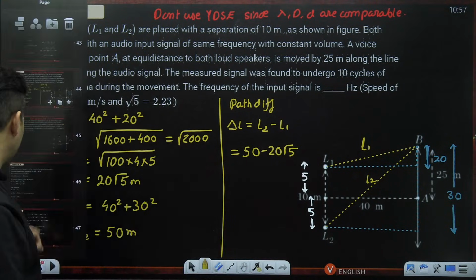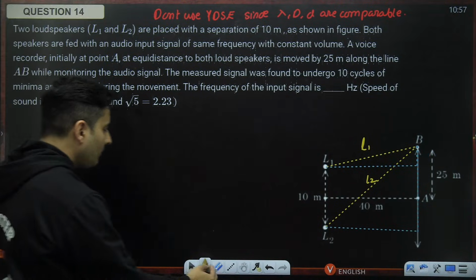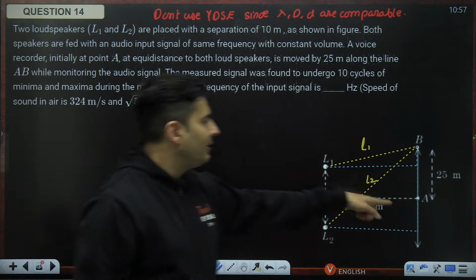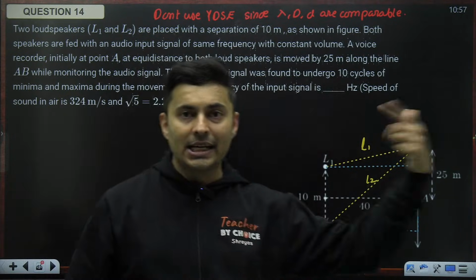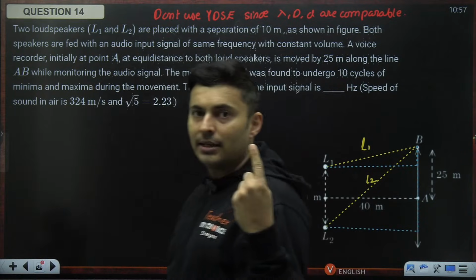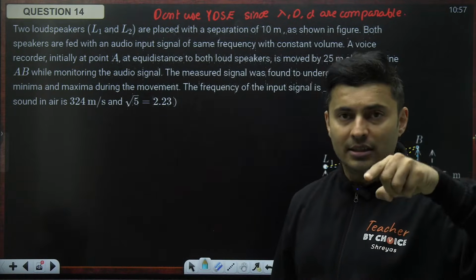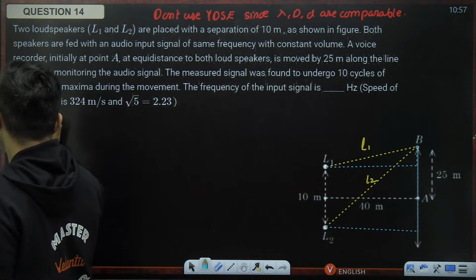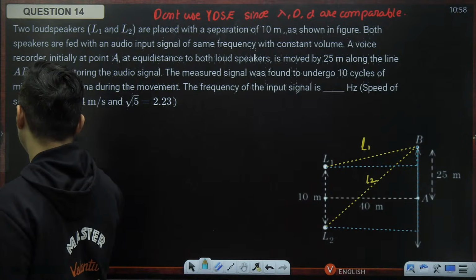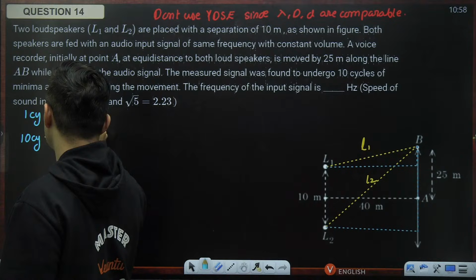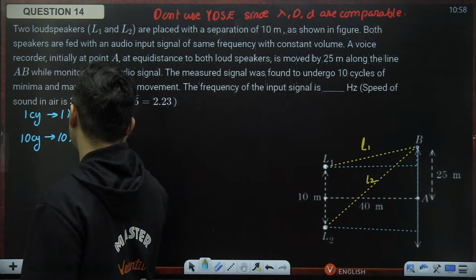Now, once I get the path difference, since I move 25 meters and I'm getting 10 cycles of maxima and minima, one cycle corresponds to one wavelength. 10 cycles will correspond to 10 wavelengths of path difference.